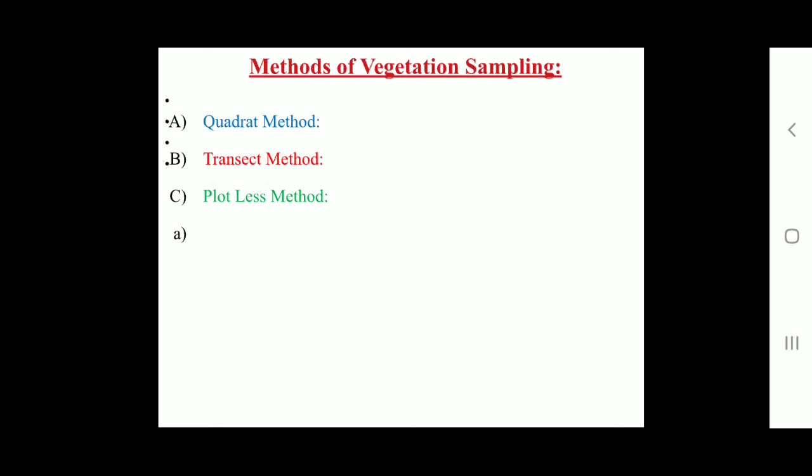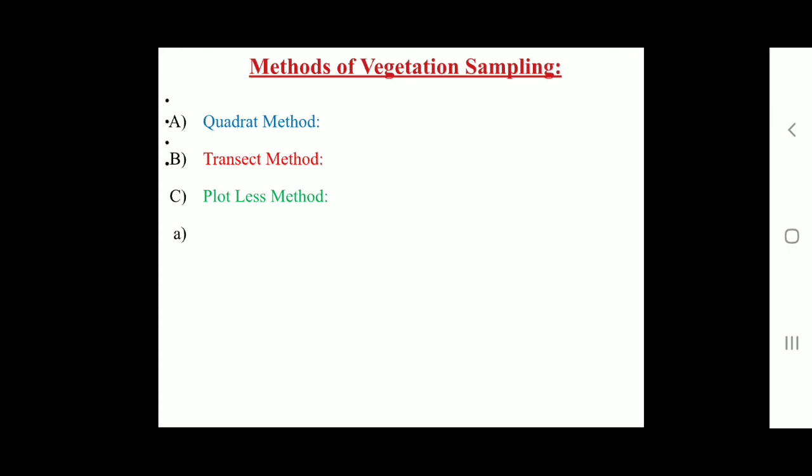Nested quadrats are a useful approach when no single sample unit size suits all species that need to be sampled for frequency and density. Different phytosociological parameters can be calculated after the field data collection.